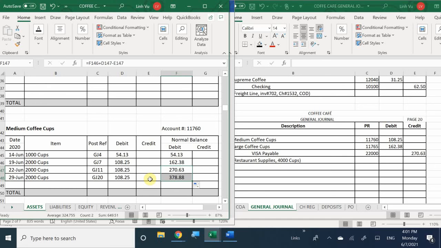Where do we get the 108 if it says 100 for 2,000 cups? Because we split the tax. Oh, tax, yeah. I got it. I'm not lost anymore.